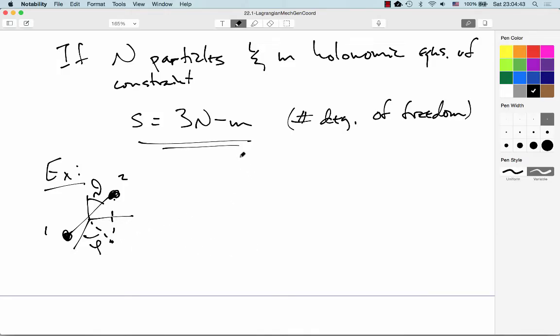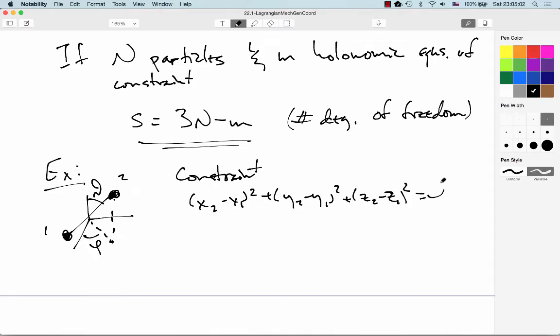All right. So we have one constraint. And that is that we demand that x2 minus x1 squared plus y2 minus y1 squared plus z2 minus z1 squared be equal to the squared length of the rod that holds them together, massless rod that holds them together.